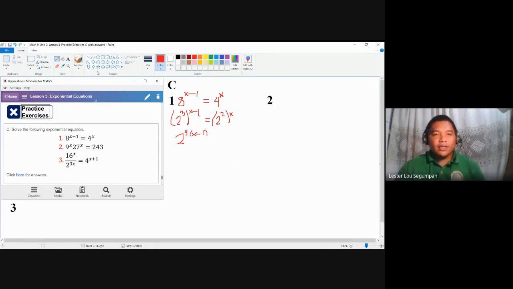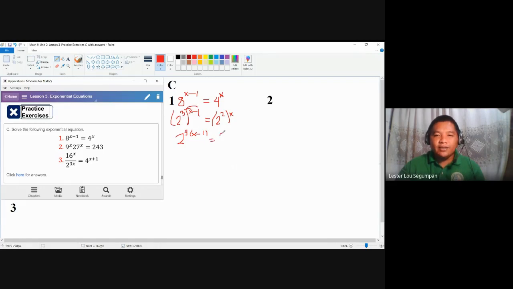Take note that the x minus 1 is grouped and it's not just 3x and then minus 1. It is 3 times the group of x minus 1. Why? Because the x minus 1 here is the exponent of 8. And when we express it as 2 cubed, x minus 1 is still an exponent of 8. So when we try to multiply using the power rule, we need to multiply 3 to the binomial x minus 1. That's why we have a group here.